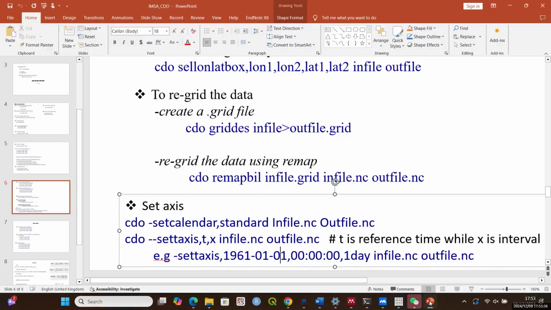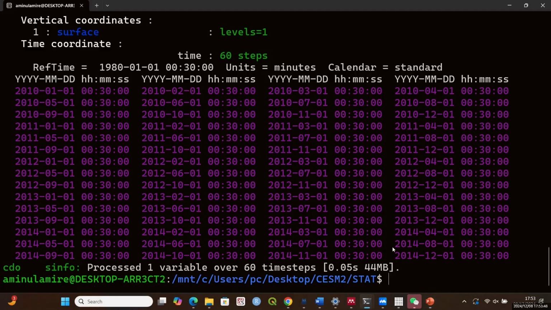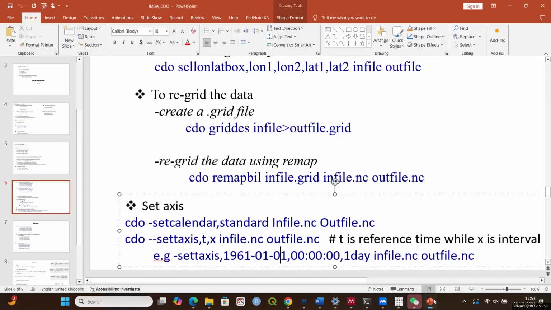So we said CDO set T axis, and then we have a comma. So can we assume that our data is starting from 2025? Okay.